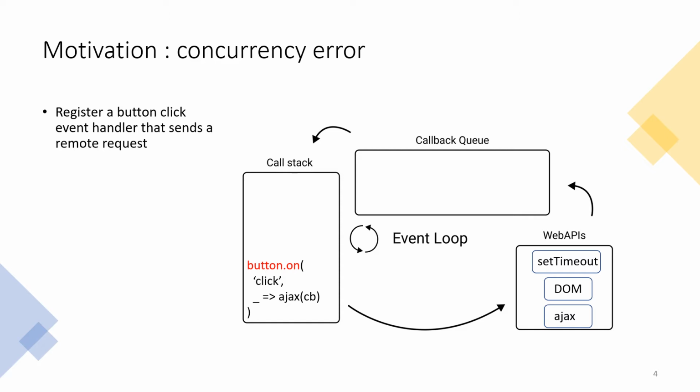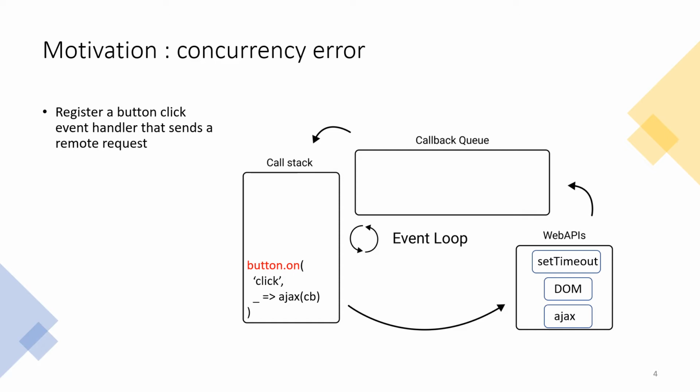Concurrency errors may occur due to unexpected occurrences of events. For example, suppose we register a button handler to make a remote request each time the button is clicked. This handler is registered using the code shown on this slide, where we set a callback handler for the click event on a button object.